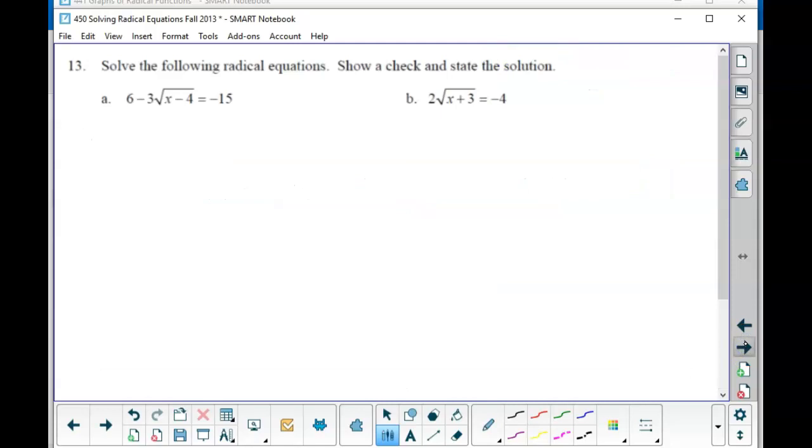Okay, and then solve the following radical equations. So we'll do these two, and then we'll stop for today. Okay, so same deal. You want to get that term with x in it by itself, just like always. That means try to isolate the radical term. So I'm going to bring the 6 over.